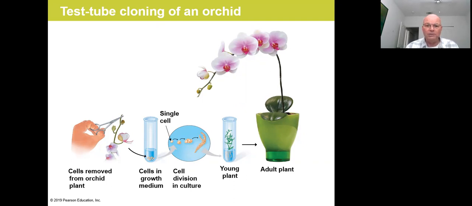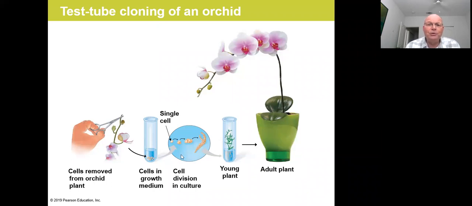So when you buy an orchid at the nursery or from a truck on the side of the road, this is how they've been produced, through cloning. It's very easy to do. So you take a piece of the orchid tissue and you put it in the right medium, and the specialized cells in the orchid tissue lose their specialization. They de-differentiate into general plant cells.